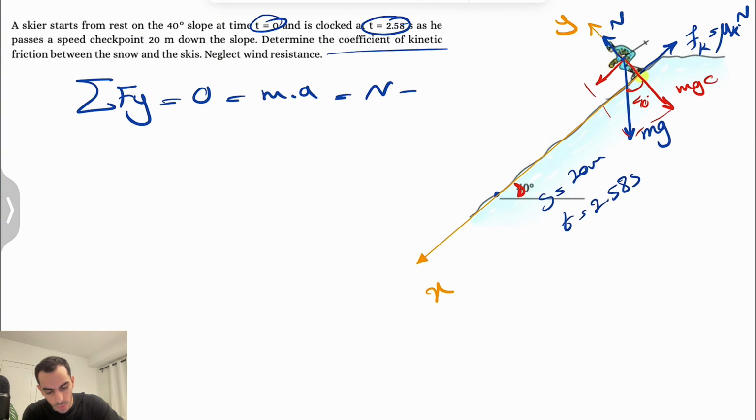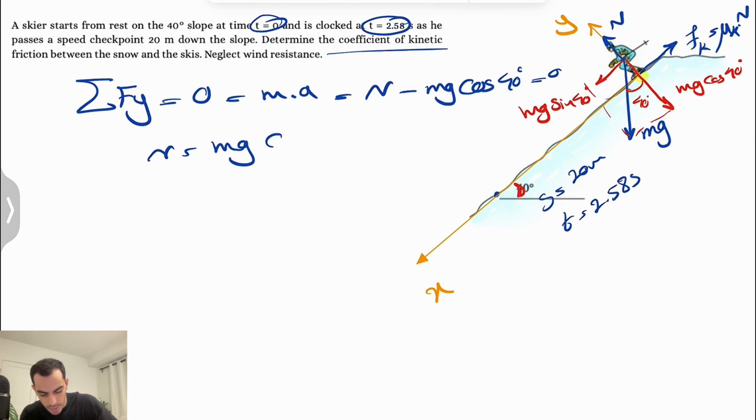So the vertical component would be mg cosine of 40 degrees, and the component along the x-axis is mg sine of 40 degrees. Getting back to our Fy equation, we have n minus mg cosine of 40 degrees equals 0. So the normal force is mg cosine of 40 degrees.